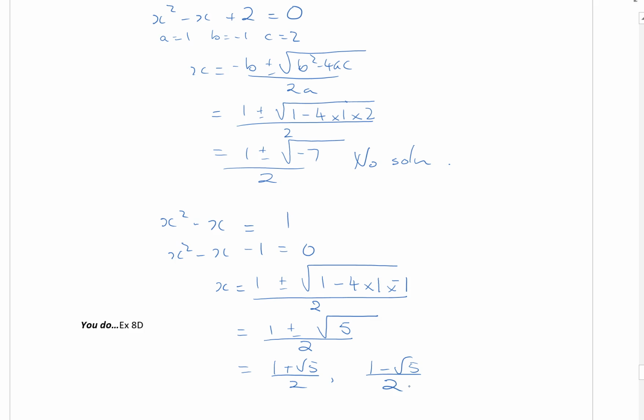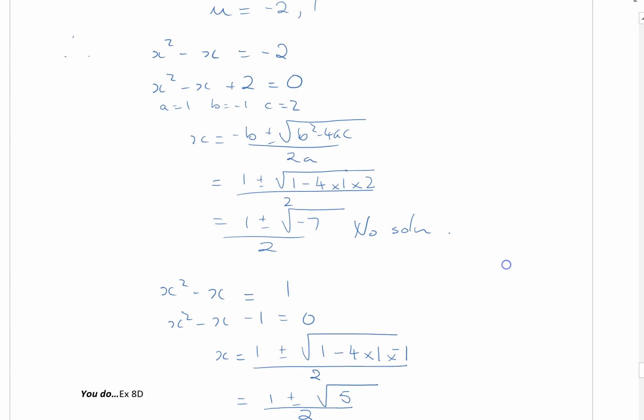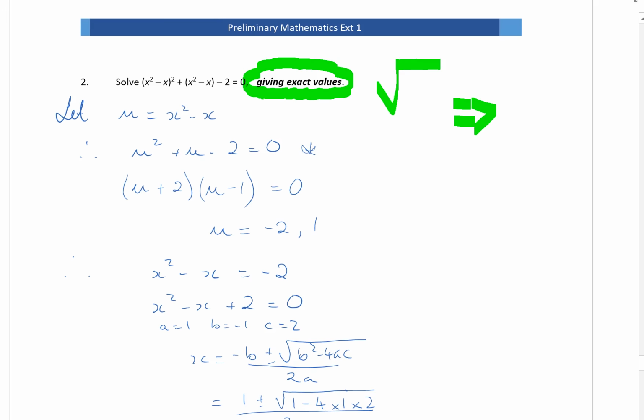So it is really important to take note of little things, even little things like this in a question, because it's an appropriate hint. It tells you exact values, tells you you're going to have a surd in your answer.